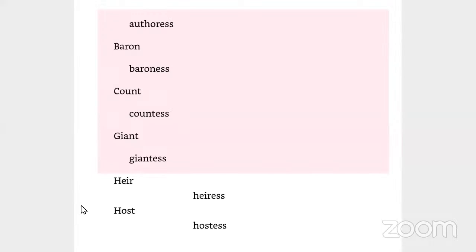Somebody who receives another person's property by will when the first person dies is called an heir. Sir, can it be Uttaradhikari? Yes, in Hindi it is Uttaradhikari, somebody who is going to get the property of the father. Heir and heiress.